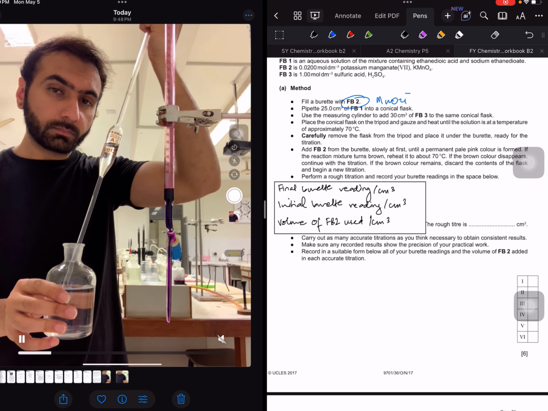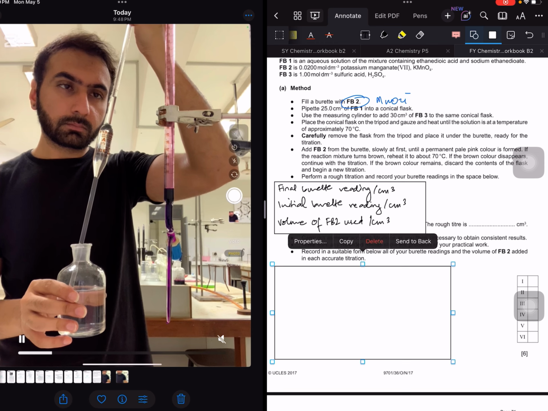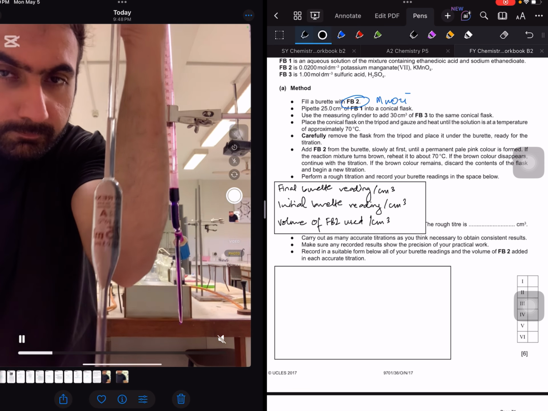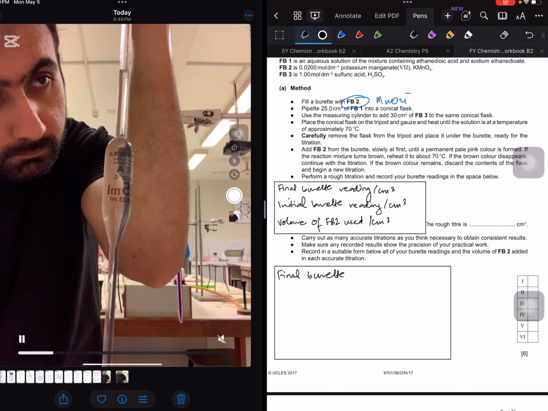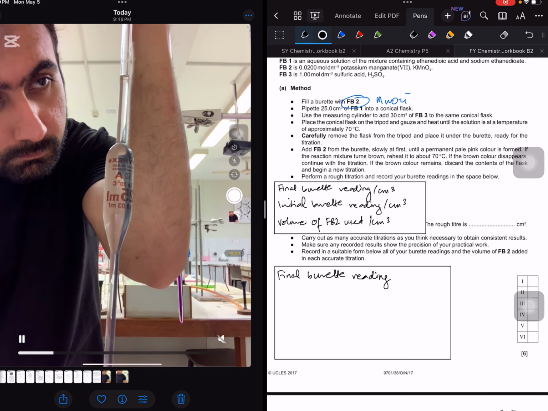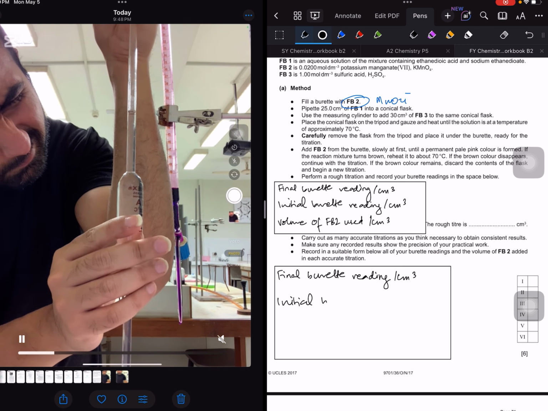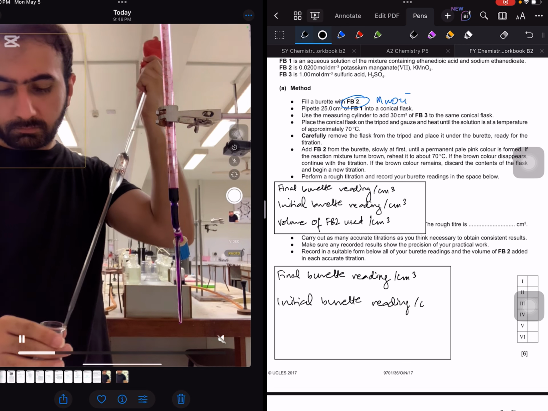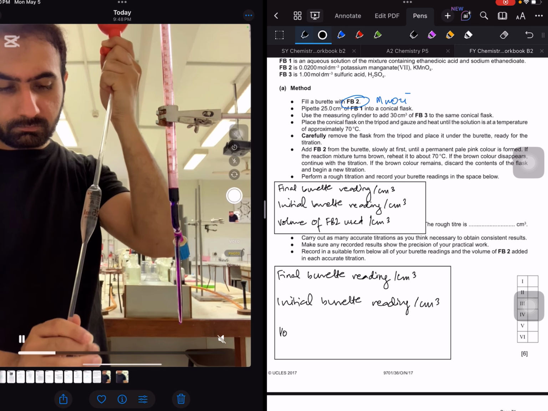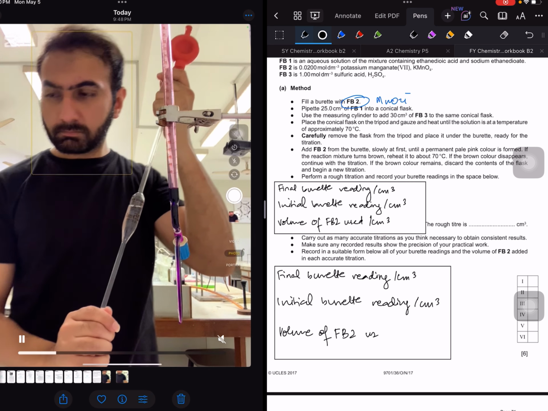Meanwhile, I'll move ahead and I'll make the table for the second titration set. Again, the table is going to look very similar. Final burette reading slash cm cube, initial burette reading slash cm cube, volume of FB2 used.